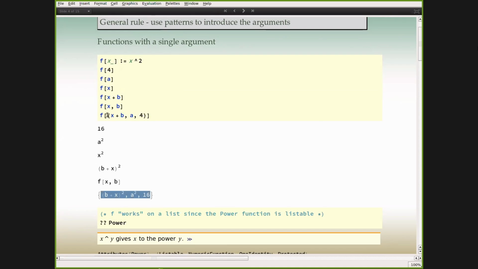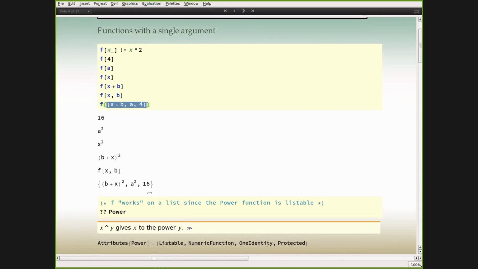Why? Because this list is a single expression and it was passed to this function, which powers the list, and since the power function is listable, the power is applied to every element of the list. So you have x plus b, a, and 4 squared here.